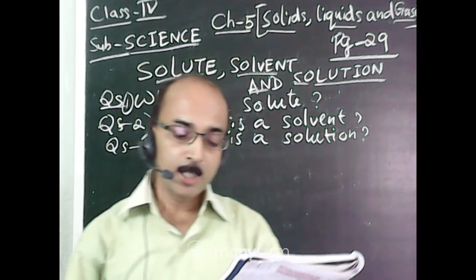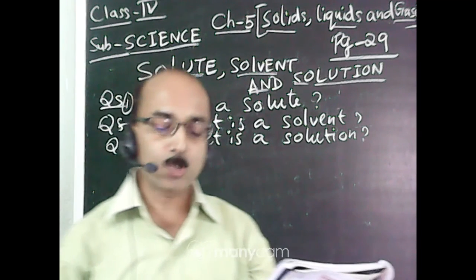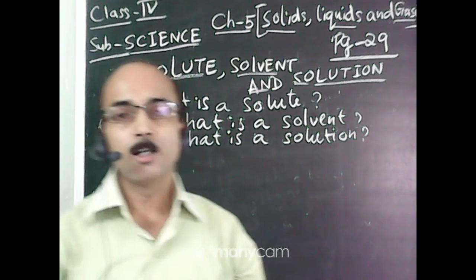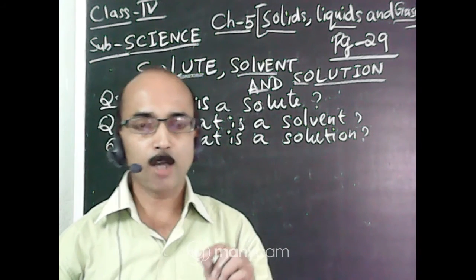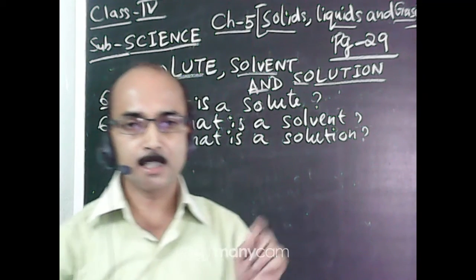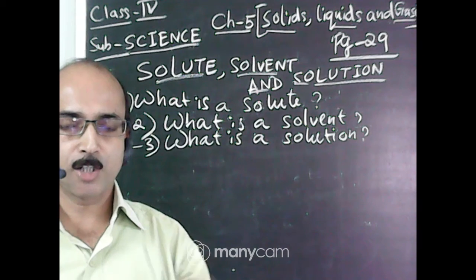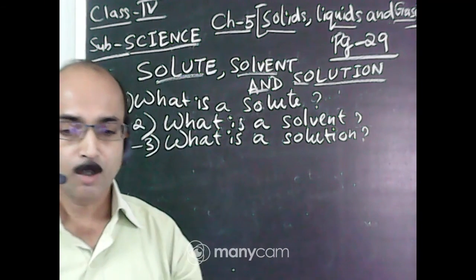The liquid that we get by dissolving a solute in a solvent is called a solution. Here sugar solution is the solution. Okay, so here what will you do? You will underline each of those bold sentences, the sentences which are written in deep black. Okay, bold ones.